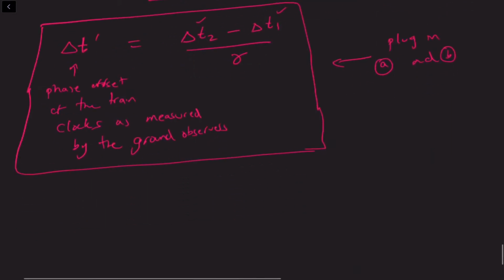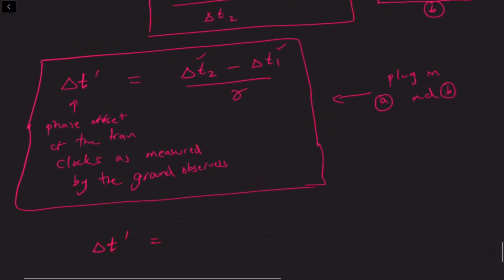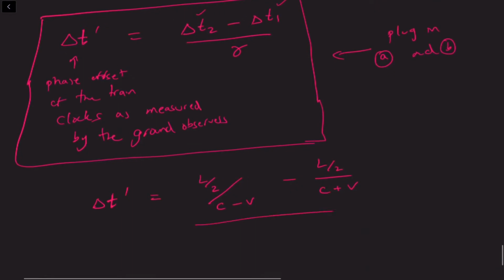And what we would get is that the phase offset between the clocks on the train, as seen by observers on the ground, would be equal to L over 2 divided by c minus v minus L over 2 divided by c plus v, and the whole thing divided by gamma, which is 1 over the square root of 1 minus v square by c square.